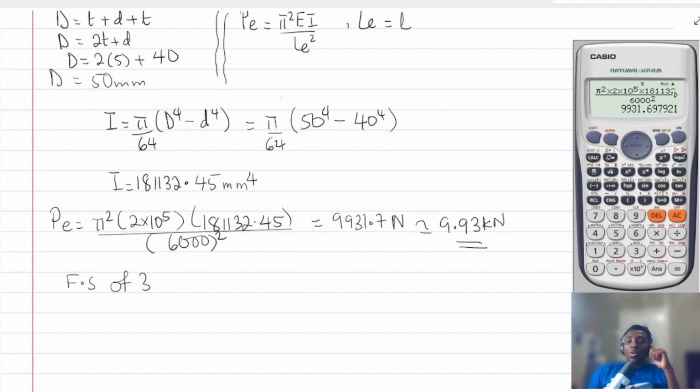In other words, to get the safe load, it's going to be the crippling load divided by the factor of safety. That's all.